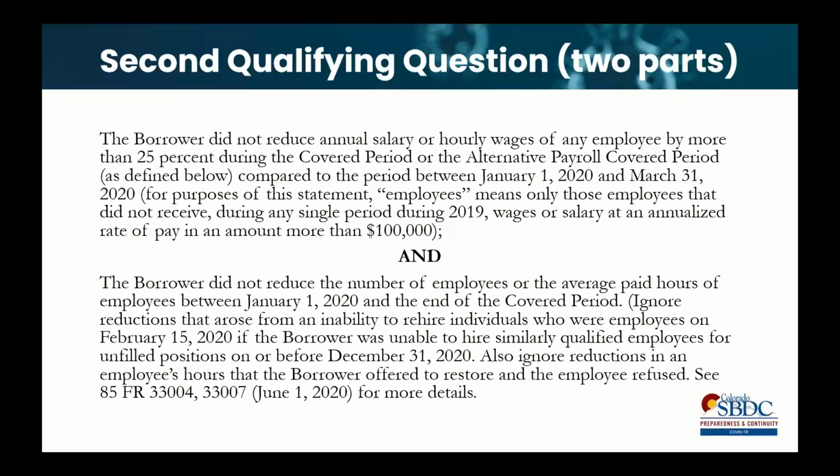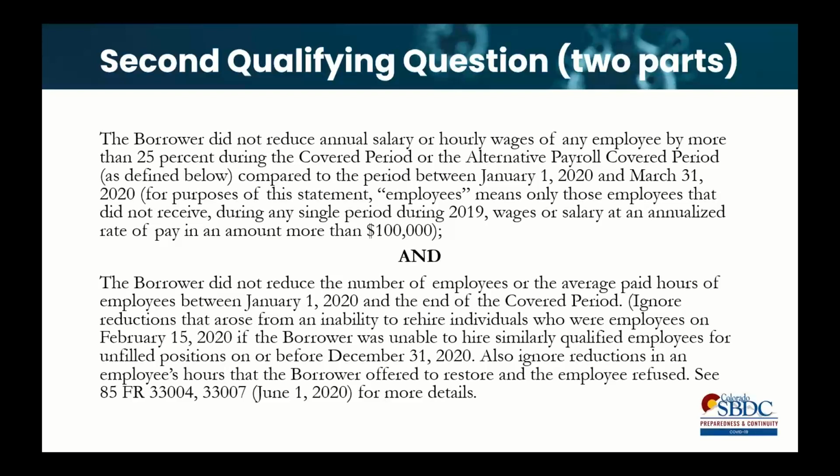If one of these is the reason for the reduction, then the business can ignore that reduction. Basically, you can just act as if the employee was still there and working their regular hours. As stated, this must be true for the period between January 1st, 2020 and the end of the covered period. What does the end of the covered period mean?